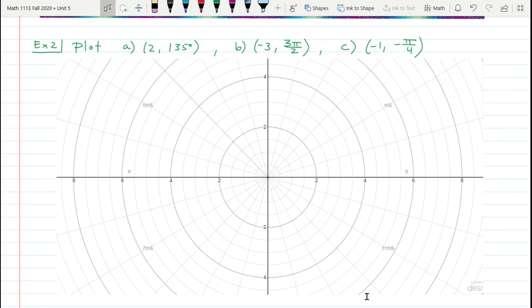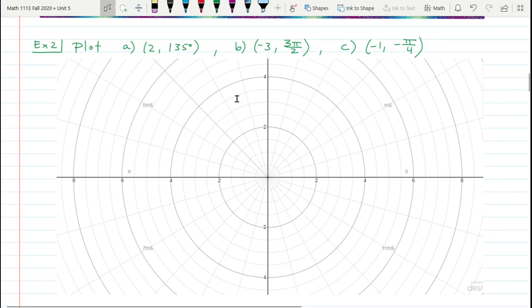If we do it the same way that we started before, where is 135 degrees? It's going to be in the second quadrant, so somewhere over here, right? And it happens to be in the middle between 90 and 180.